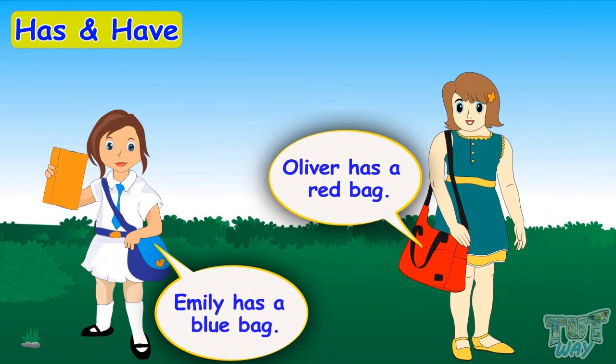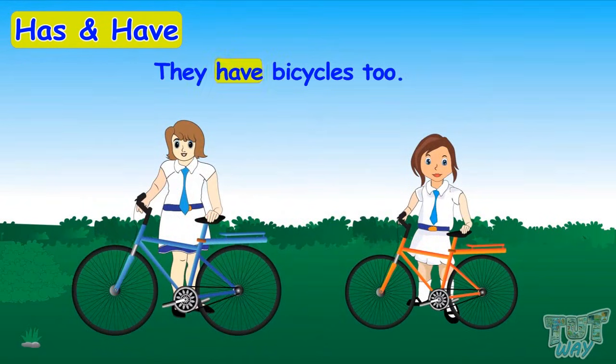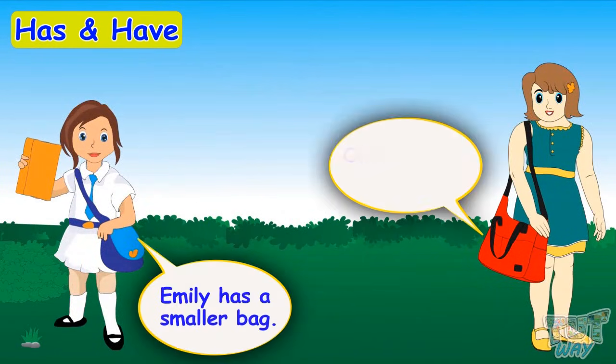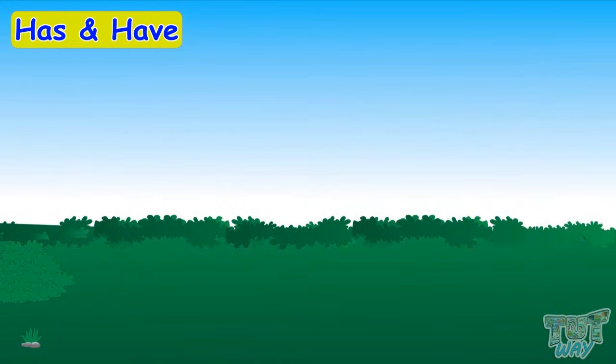And we use have when we talked about both of them together. They have bicycles. Emily has a smaller bag. Oliver has a bigger bag. So has is used with a singular naming word, and have is used with plurals.